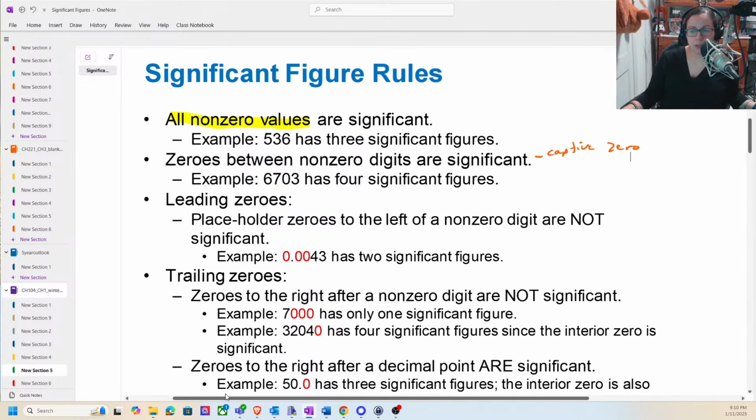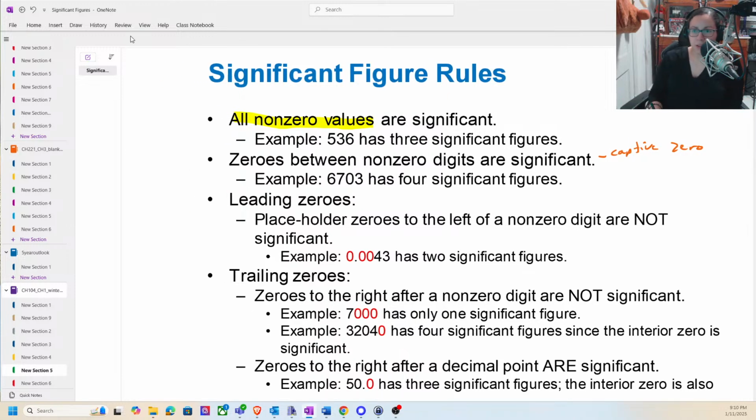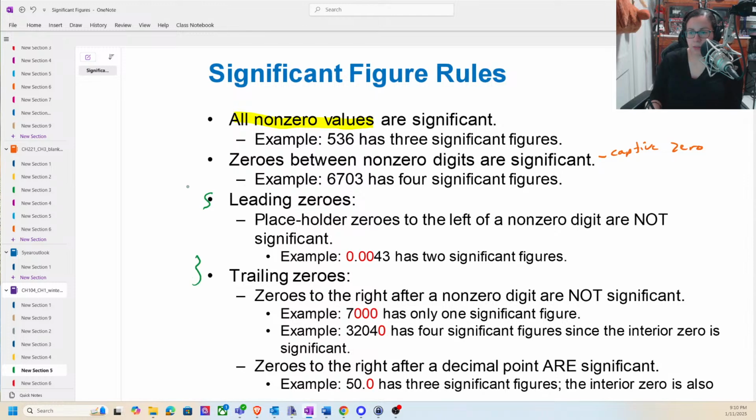Now the next two rules here are what I call our showing magnitude. So this is now different. And now we're switching over to not significant. And this is both showing magnitude.